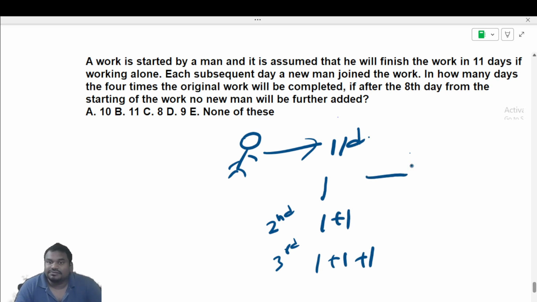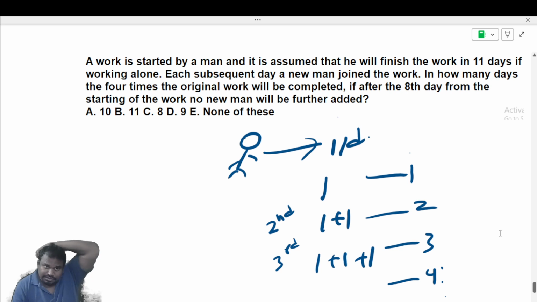So first day 1%, second day 2%, third day 3%, fourth day 4%, like that. Each subsequent day, one more person is added. In how many days will 4 times the original work be completed?